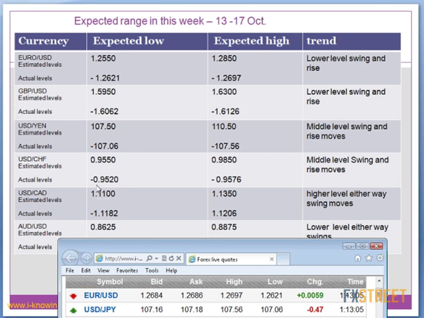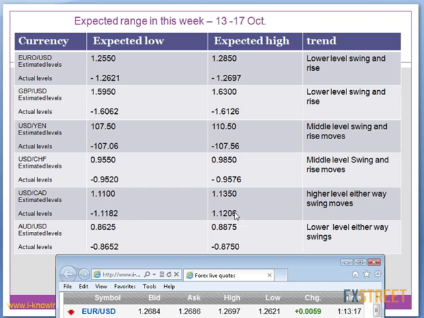Then in the case of USD CHF, 0.9520 to 0.9850, they are expected to gain. And you find they're doing the consolidation to gain levels. And in the case of Canadian dollar, when Aussie is making such a big swing of 200 pips, they have not done that. And they are expected to gain further upward in the case of USD CAD.